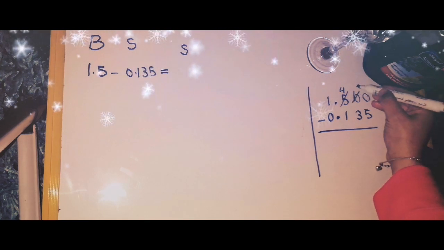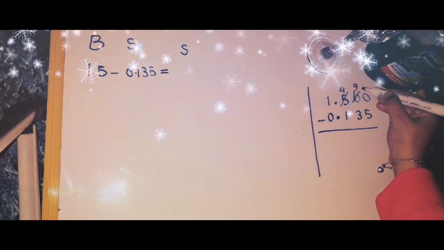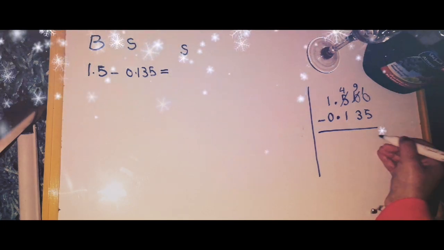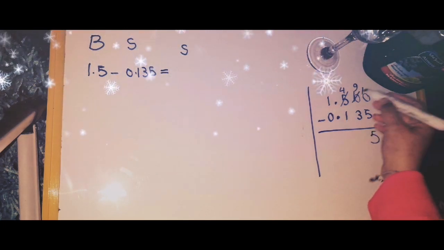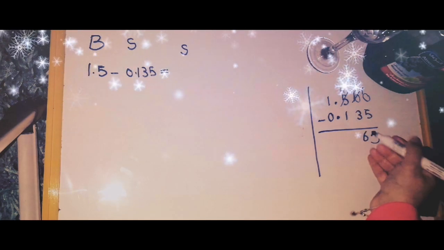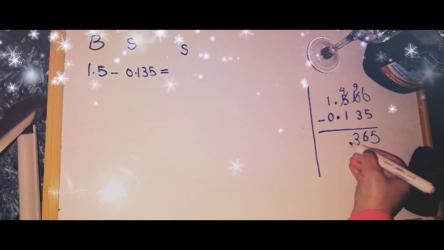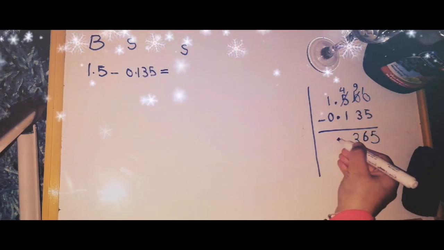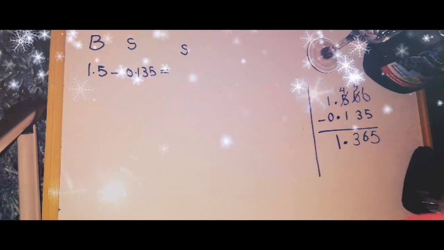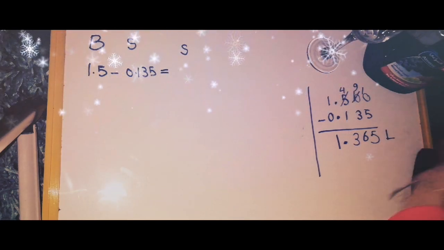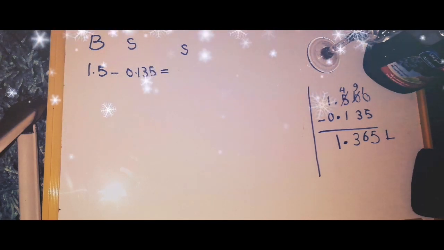Then I take 1, it will be 9, and the 1 comes here, it is 10. 10 minus 5 is 5. 9 minus 3 is 6. 4 minus 1 is 3. 1 minus 0 is 1.